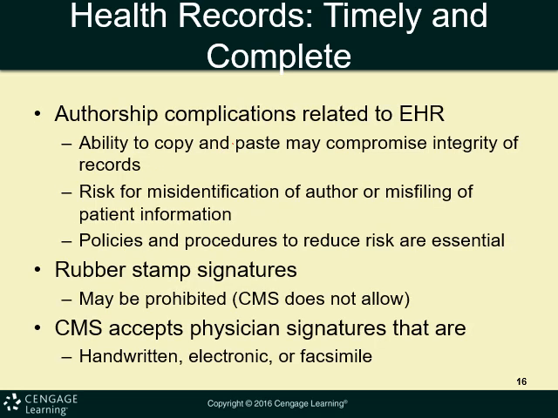The concept of authorship has become more challenging with the rise of electronic health records. Unless designed to prevent an occurrence, the ability to copy and paste portions of the health record does exist in the electronic health record.